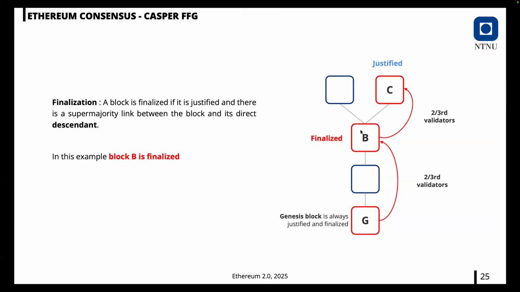No matter what happens, this block is included in the history. It can have forks going forward, and we have certain blocks which are already justified and awaiting finalization. But this block, once it's finalized, cannot be changed.